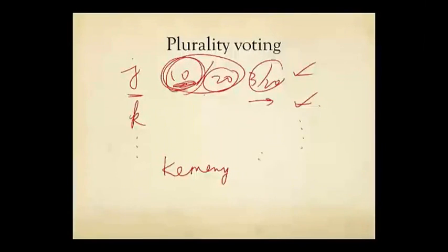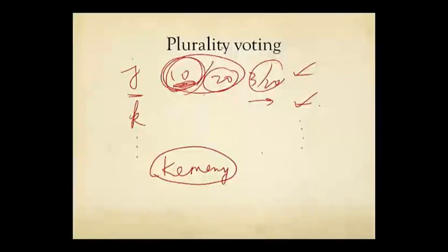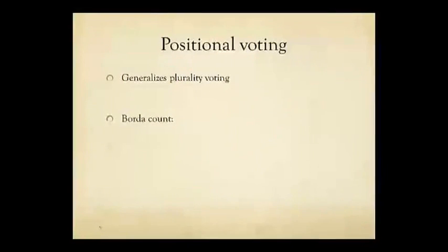Then I'll rank order in ascending order of the number of people who put you at the bottom of their list. That will be the so-called Coombs rule. Either way, this is a special case of plurality voting. It sounds pretty intuitive, but as we'll see, it can be problematic and lead to counterintuitive results.